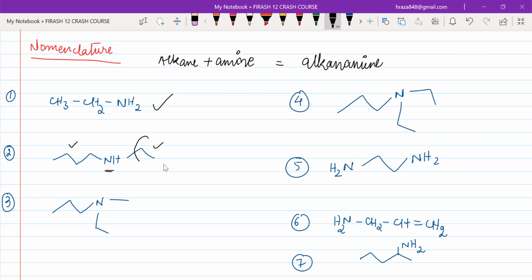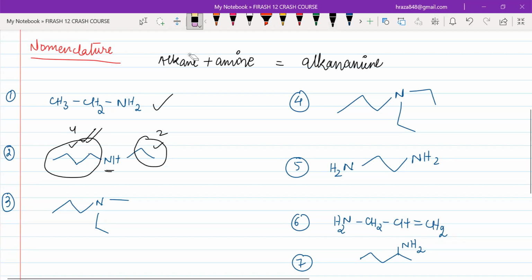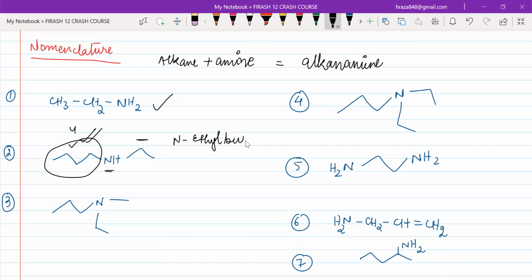You can see there are 2 carbons in one alkyl group, and 1, 2, 3, 4 carbons in the other. So this will be treated as the parent chain and the other as the substituent. So we are not going to write numbering here. We will directly write N-ethyl and then butanamine. Are you getting my point?